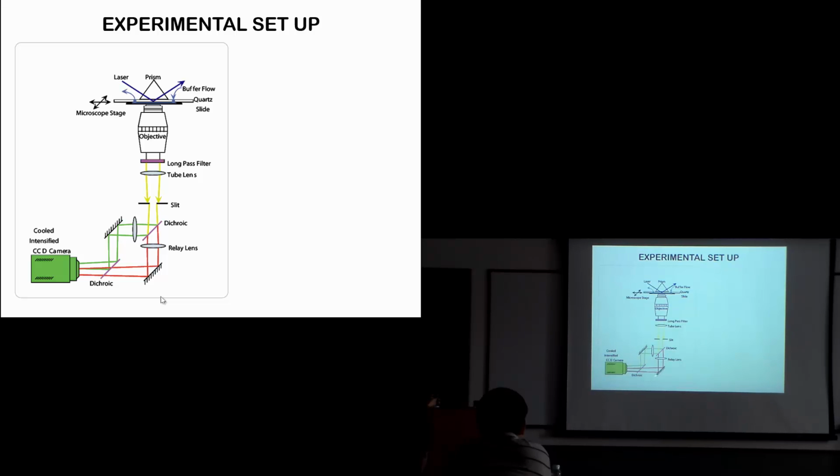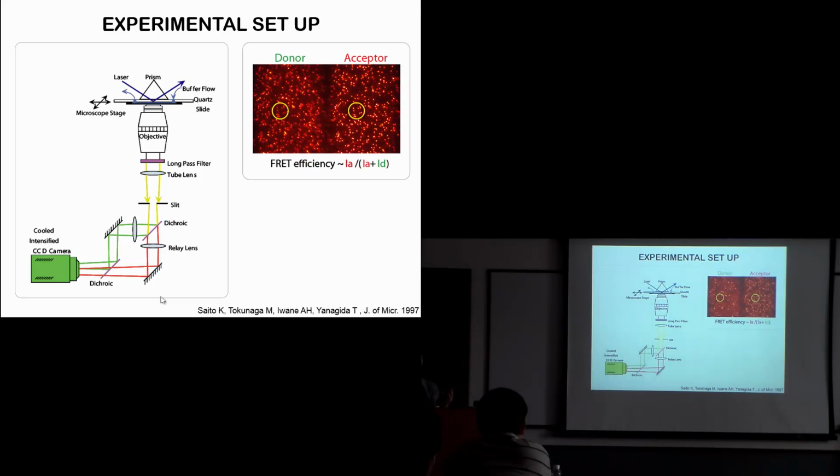The donor and the acceptor beams are split by a dichroic beam splitter, and then they get recombined and projected onto a single CCD camera, such that we can monitor donor and acceptor molecules side by side on our computer monitor. So what's in the circle is co-localized, the same molecules that emit donor and acceptor, and we can get the FRET efficiency by this simple formula.